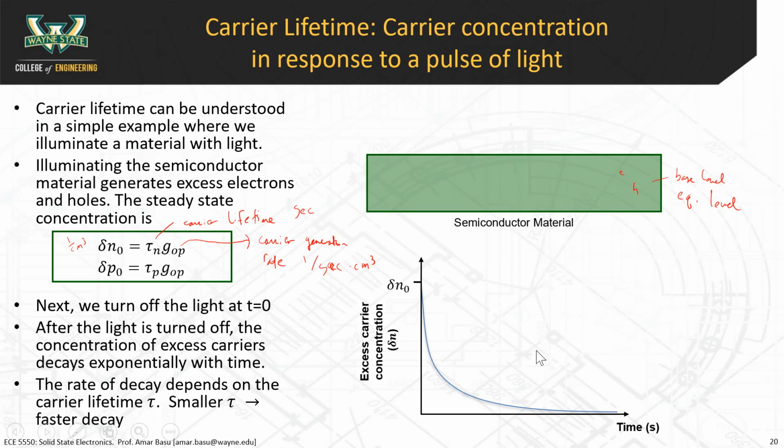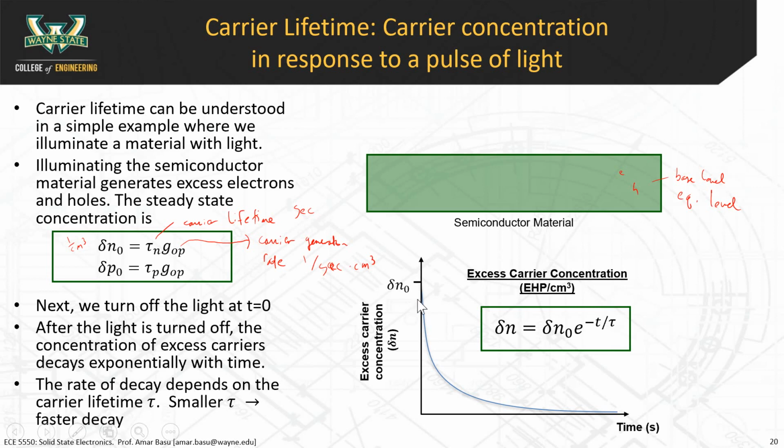Any type of exponential curve like this has a rate constant associated with it. So the equation for this curve looks like sigma n0, that's the initial value up here, sigma n0, e to the negative t over tau. This tau is the carrier lifetime. It determines the rate of decay of this line.